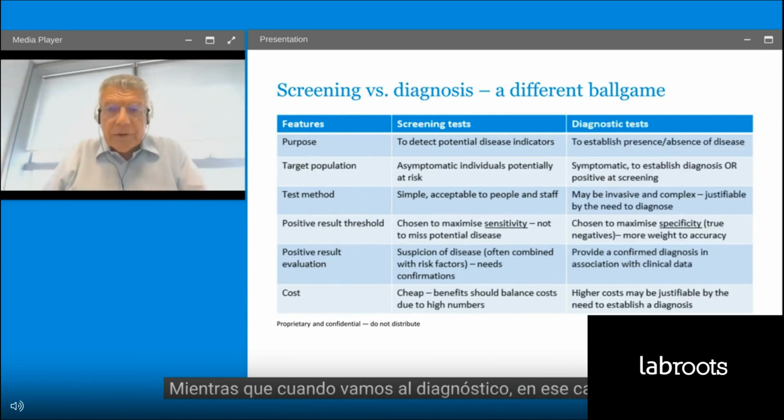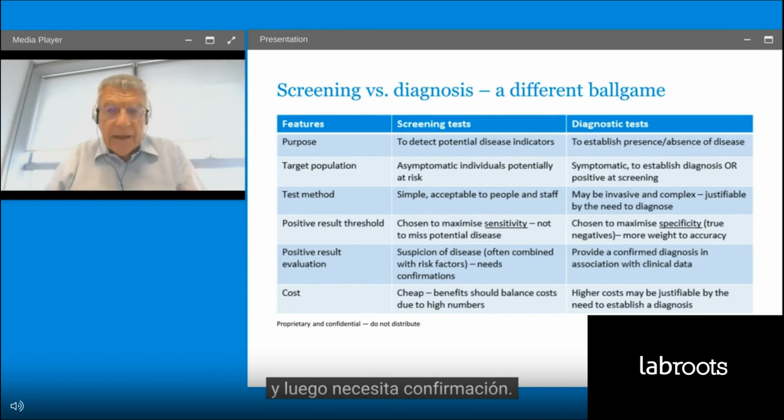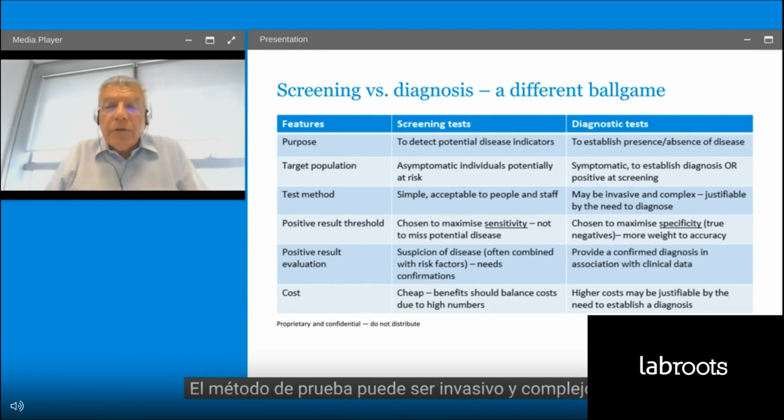Whereas on the diagnostic side, we need to diagnose the presence or absence of a given disease. The population will be mostly symptomatic or should have been positive by the screening and then needs confirmation. The test method may also be invasive and complex, because this is justified by the need to diagnose.